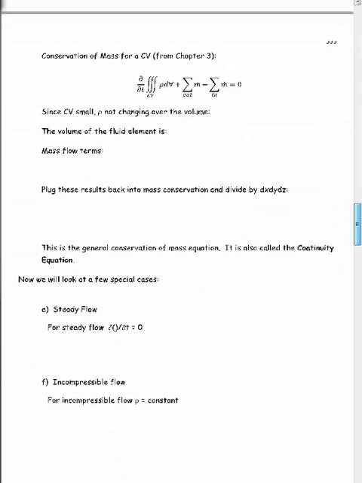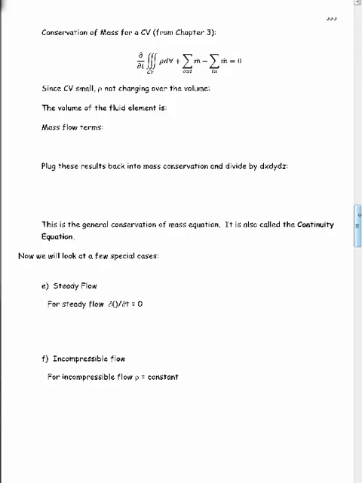Okay, so for us, our conservation of mass for a control volume, big or little, is this equation that we had before. Well, our m dots are just rho V A, and if our CV is small, we're not going to have rho changing all over that little volume. It's going to be at a point.